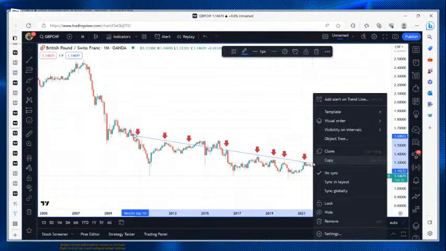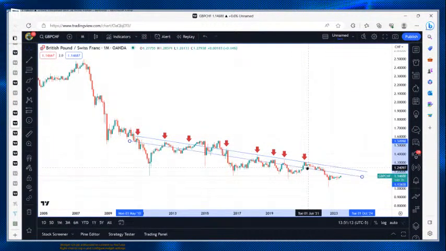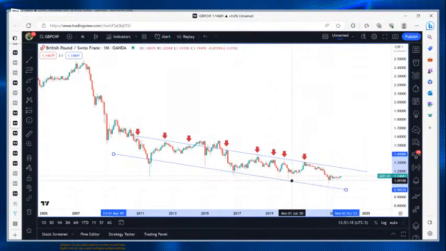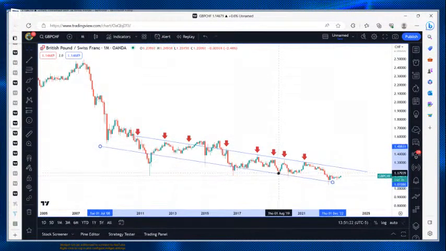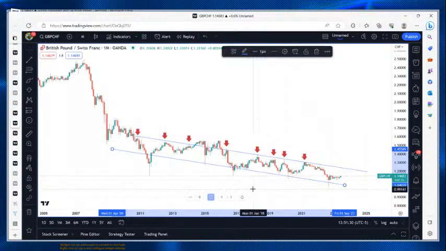We take this trend line and then let's clone it to see if we have a bottom. We may need to draw this one, but actually, look, kind of like this one.